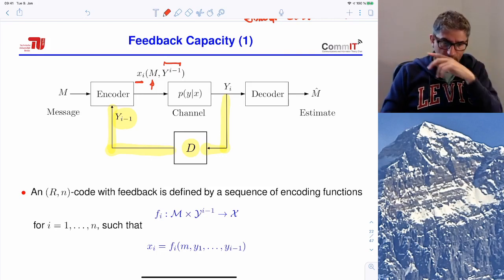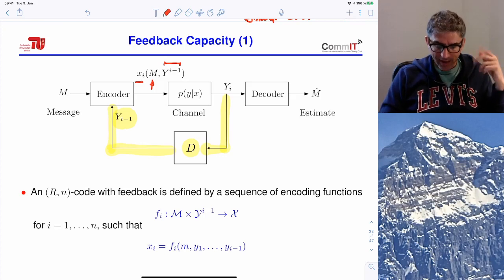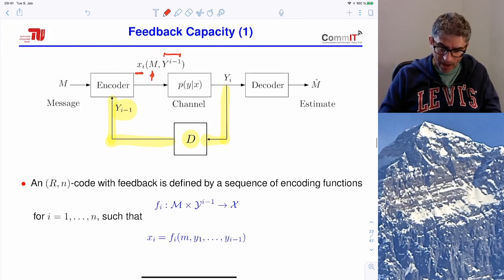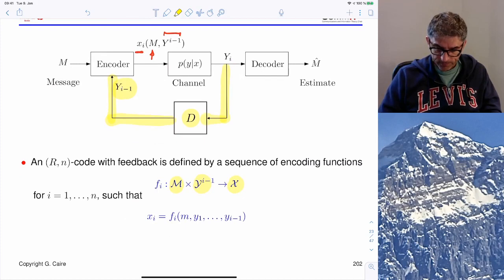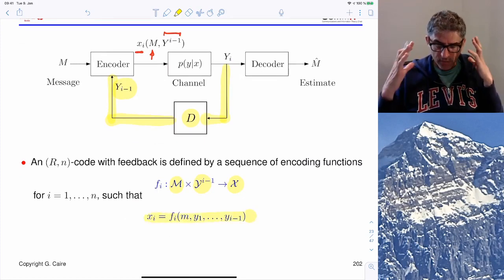So we define the code, a feedback code, as a sequence of encoding functions f_i for i equal to 1, 2, 3 up to n, where f_i maps the message and the received sequence up to i minus 1 into an input symbol, okay, in this way. So this makes things conceptually much more complicated.